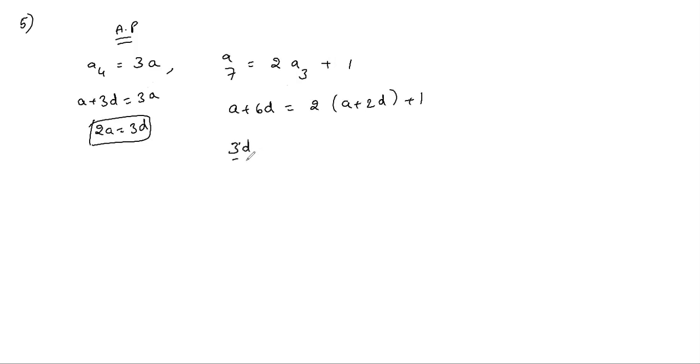So 3d by 2 plus 6d equals 2a, which is 3d plus 4d plus 1. So from this, you have to find the d value. 6d, 12 plus 3, 15d. 15d equals 7 into 2, 14d plus 2. So from this, d equals 2. So the common difference is 2.